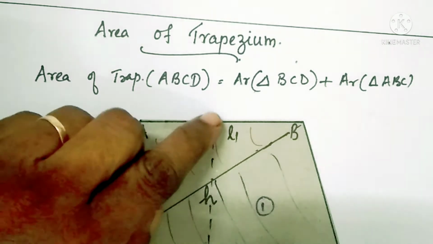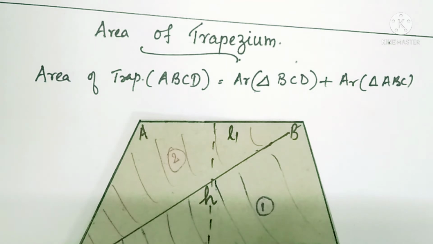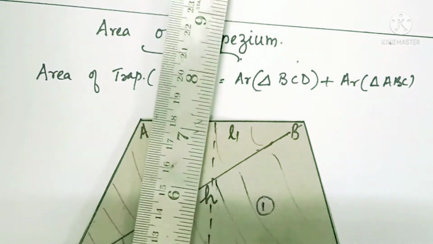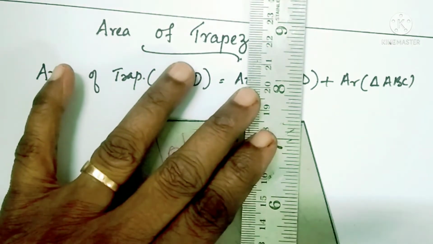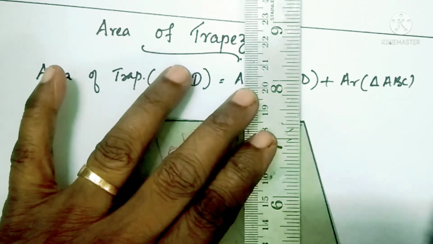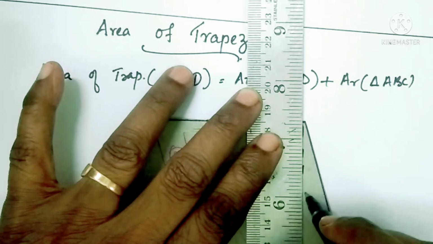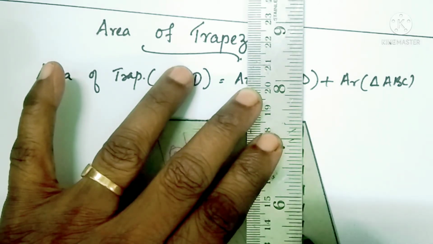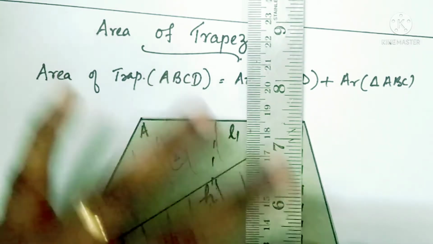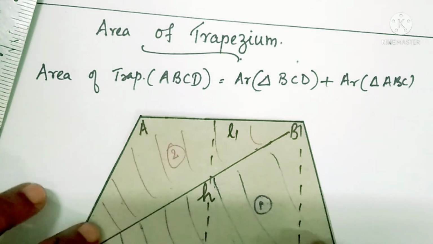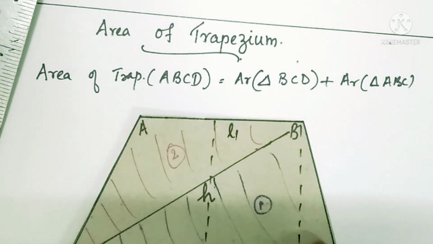Now you see here this length will be equal throughout, right? So what is this length called? This is also called the height of the trapezium, right? These two lengths are equal and parallel. Okay.